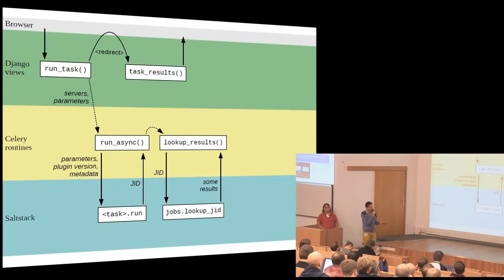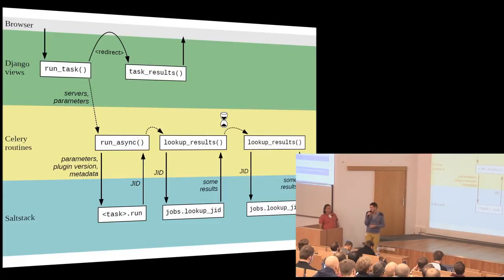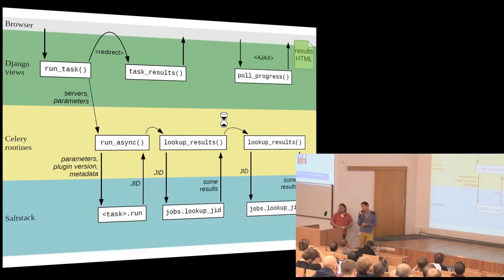To achieve that, we use one of the Salt runners called jobs, and the function lookup JIT from that package, and we receive the results. So this routine receives results, updates the database, and before terminating, it executes itself asynchronously with a delay, and the thing repeats, and the delay increases, and the process repeats until all the results are ready, or a timeout expires.